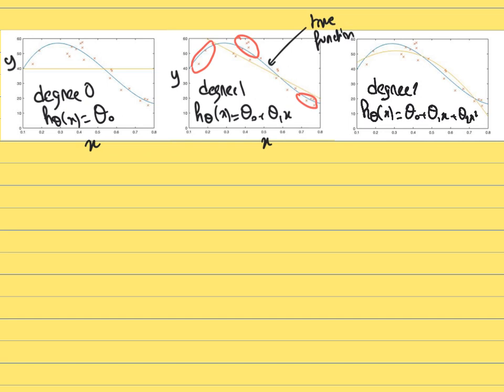You are capturing the fact that y as a function of x shows a maximum.